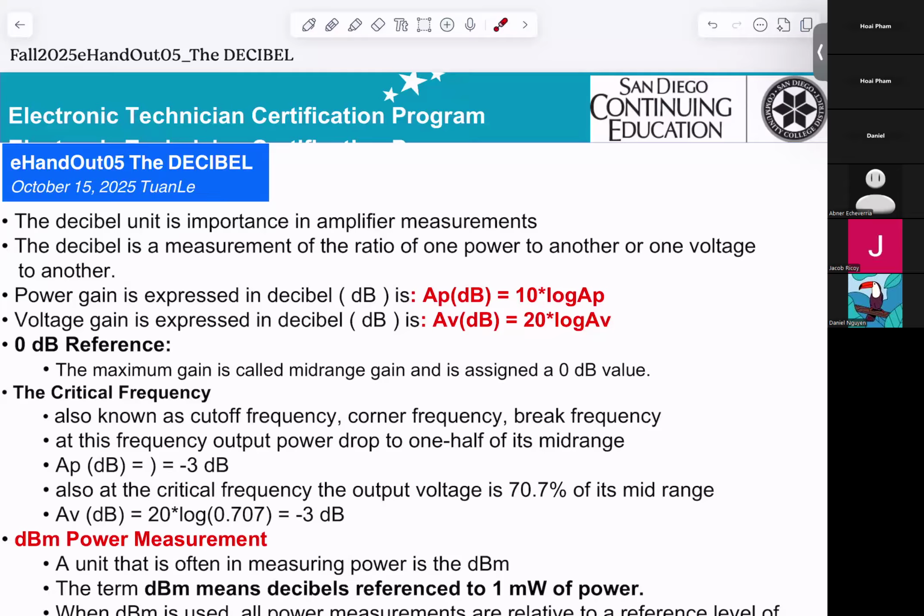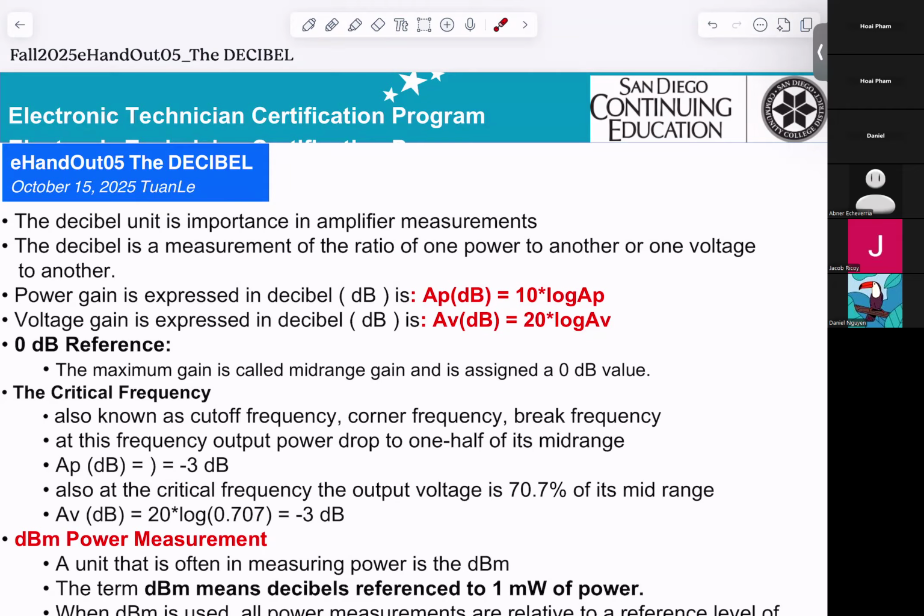The decibel unit is important in amplifier measurement. The decibel is a measurement of a ratio, the ratio of one power to another.